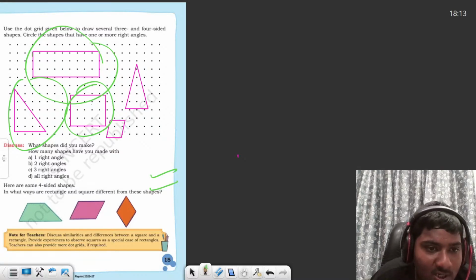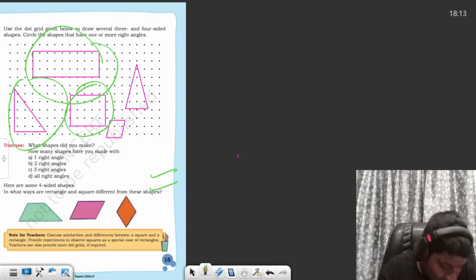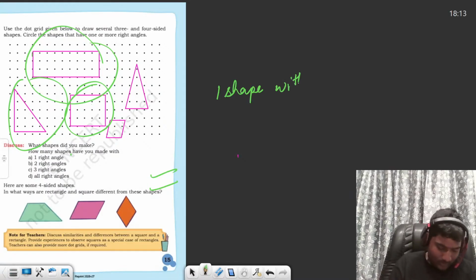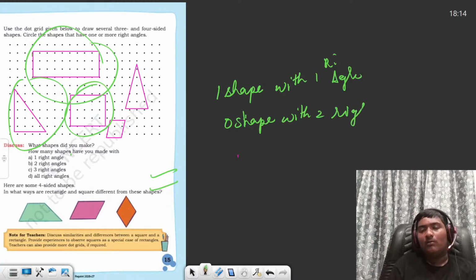Okay. What shapes did you make? One right angle, two right angles, three right angles, all right angles. So, one shape with one right angle, zero shapes with one right angle, and two right angles.